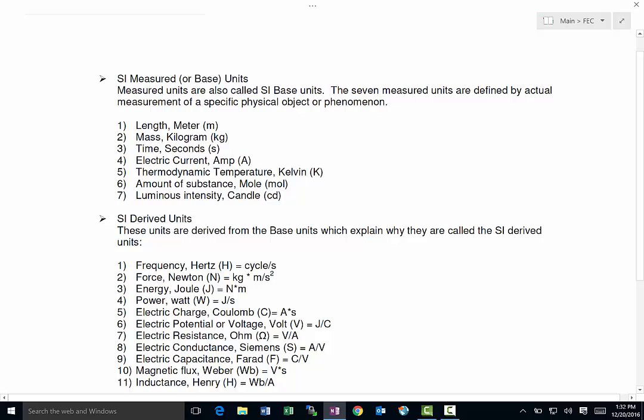For example, for length, everybody has agreed the meter is the length of a platinum rod of certain length that resides in a museum in Paris, and you can go there and take a look at it. The size of that rod is 1 meter.